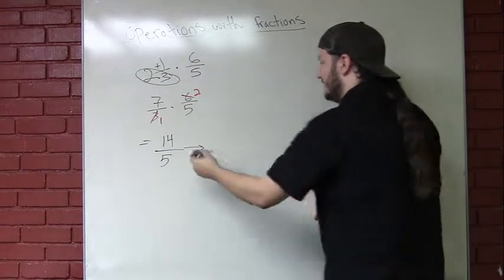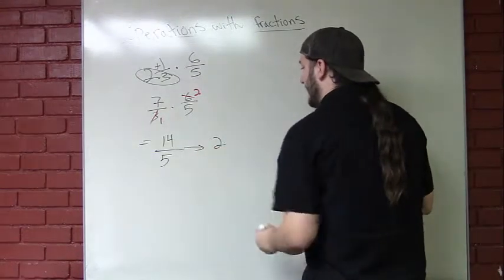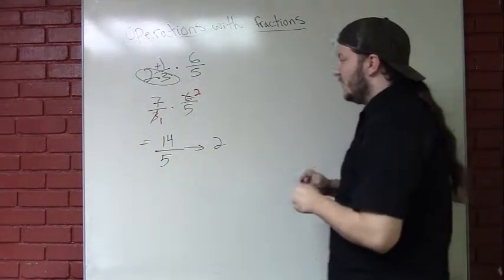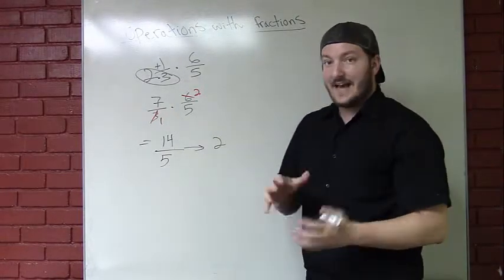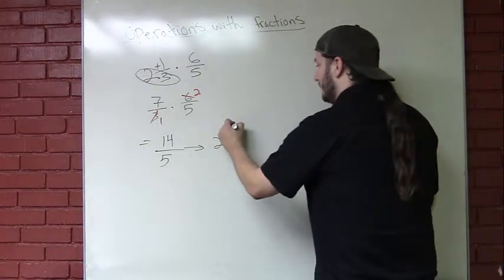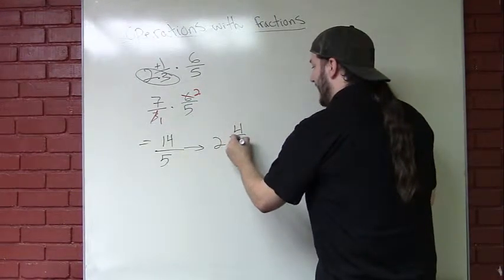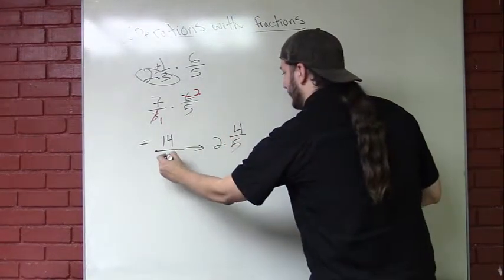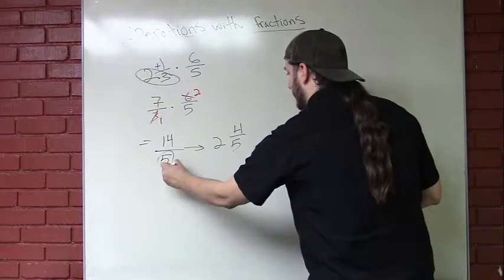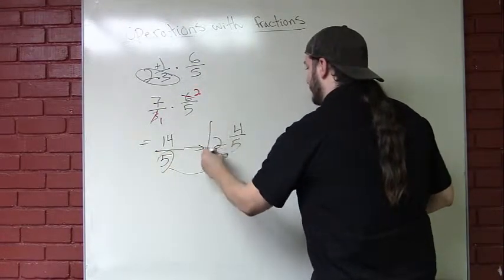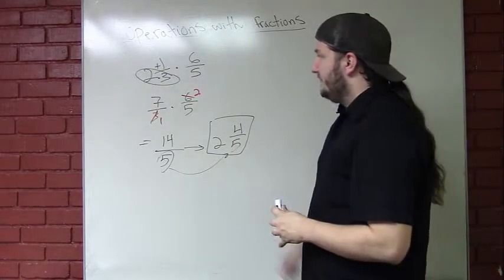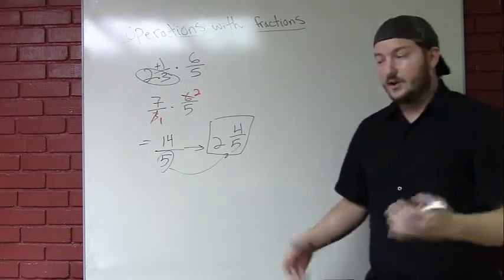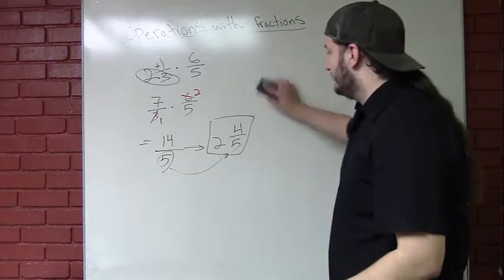So 5 goes into 14 2 times, and then you say what's left over. Well, 14 minus that 10 is just 4 over, you always keep the same bottom. So your final answer is 2 and 4/5. Okay? And that's how you multiply fractions.